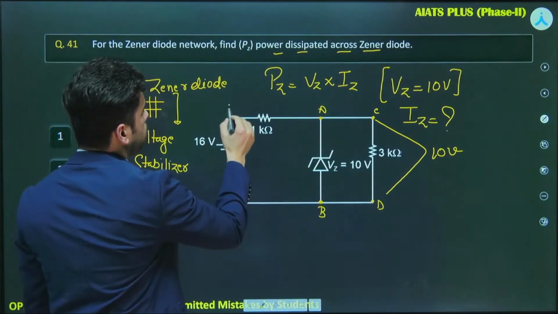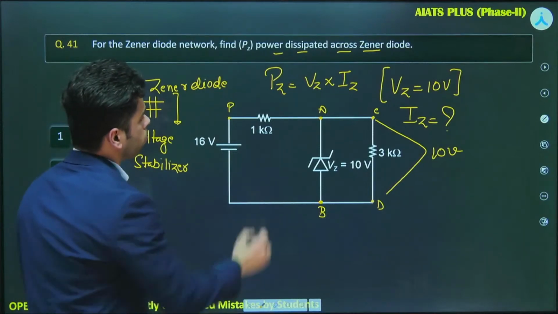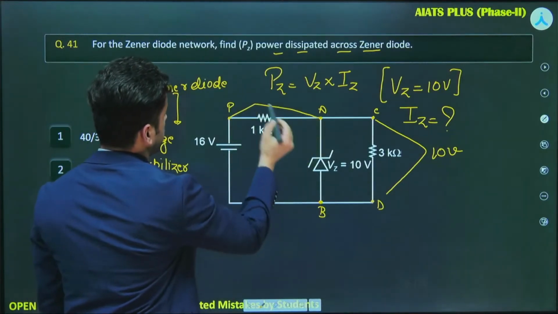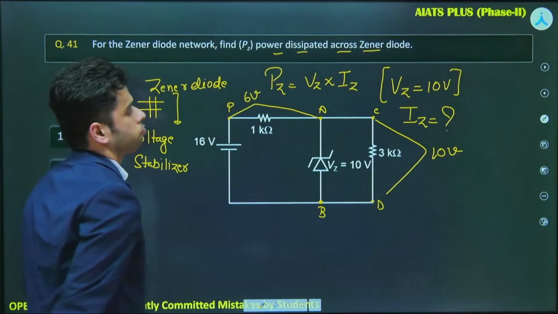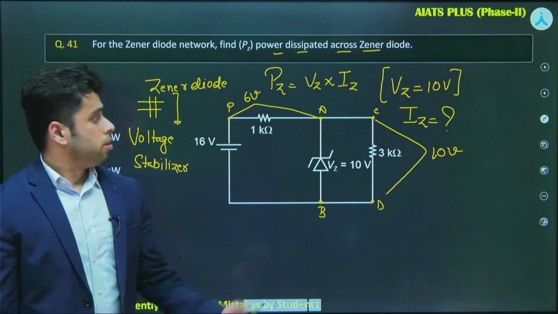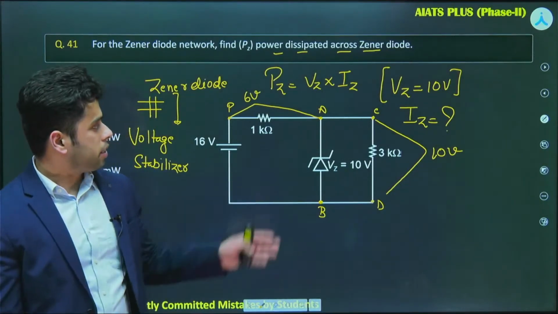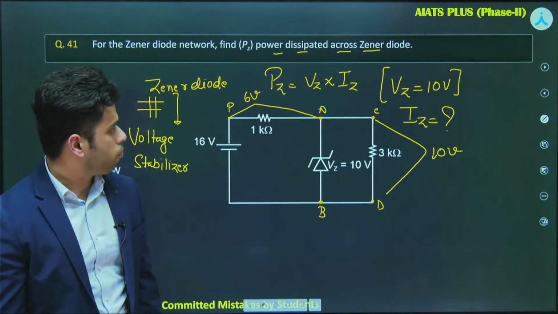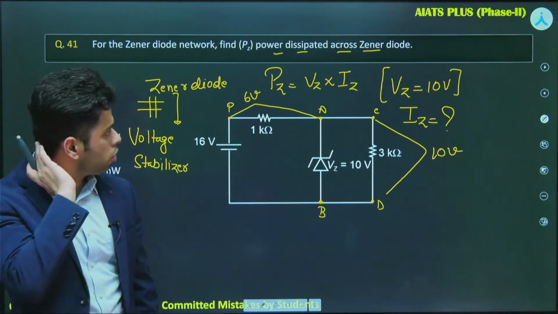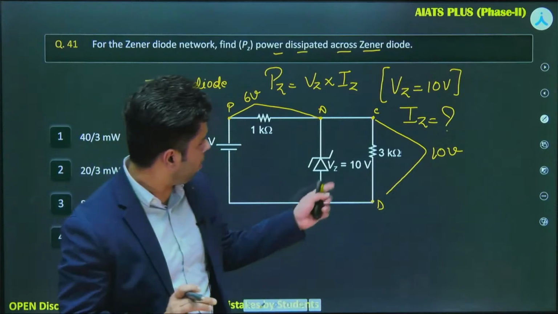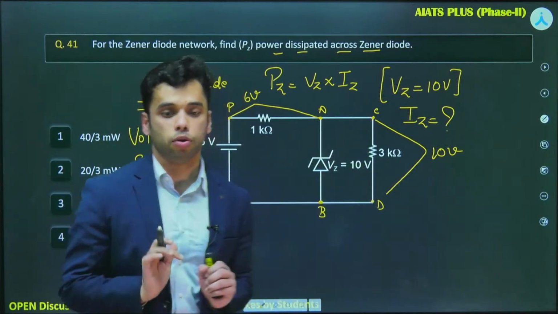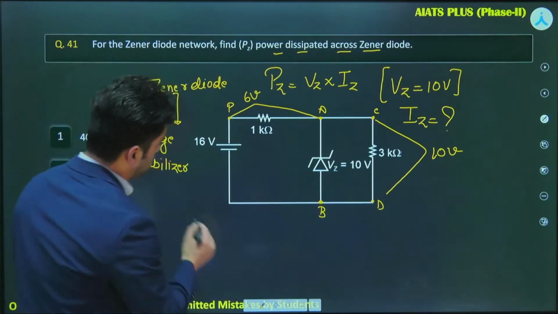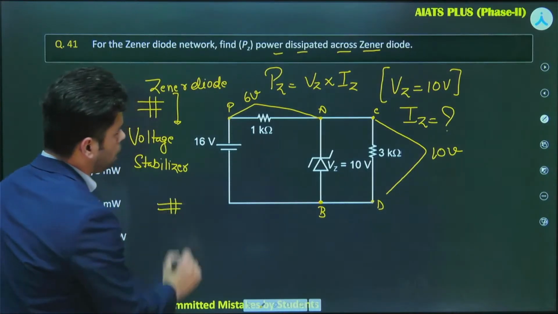So across this point PA, the voltage drop will be equal to 6 volt. This is the basic setup of the problem. That's how you approach such kind of problem. So the voltage drop across PA is 6 volt, AB is 10 volt, and CD is also 10 volt. Now, this problem is reduced to a simple problem.